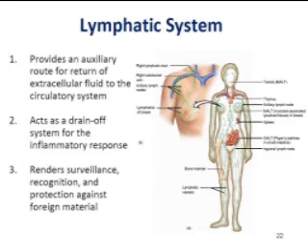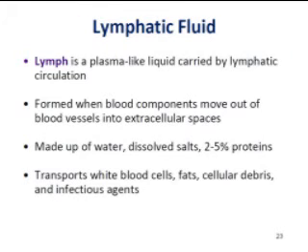So the lymph is what flows in the lymph system, and it's a plasma-like liquid. It's a lot of water again. And it's formed when blood components move out of the blood vessels into extracellular spaces. So it has the same consistency and contents as blood, but it doesn't have the red blood cells in it. So there's water, proteins, dissolved salts.